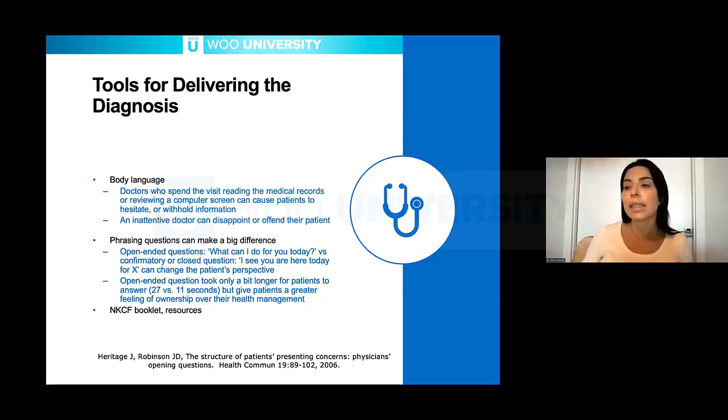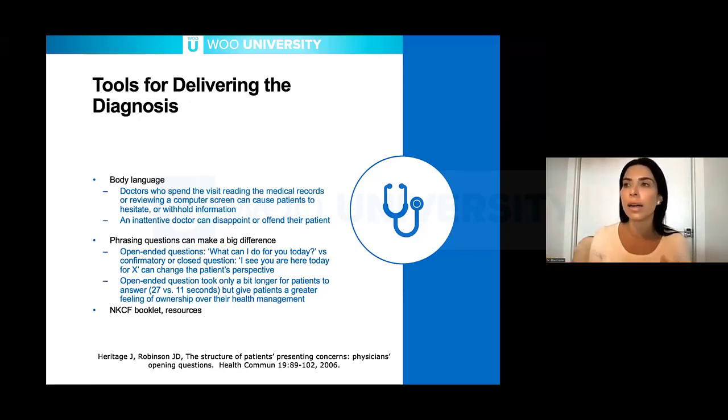Again, timing is always an issue, right? If you're spending your time on the computer and not making eye contact with the patient, that's a huge thing, because with eye contact, people want to know that they're being listened to, right? If someone's busy typing or looking at a screen, I would think that they're not really listening to what I'm saying, or they're not really hearing everything I'm saying.